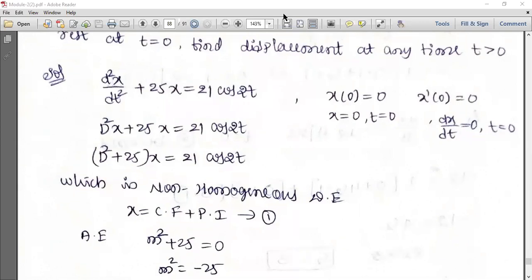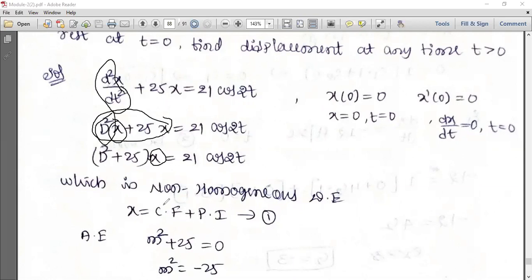So this is nothing but D square plus 25 into x equal to 21 cos of 2t, which is a non-homogeneous differential equation, because the RHS is not equal to 0. Therefore x equals complementary function plus particular integral.